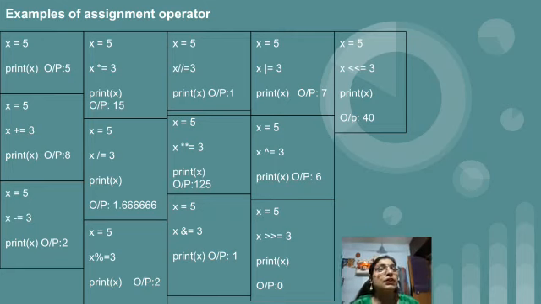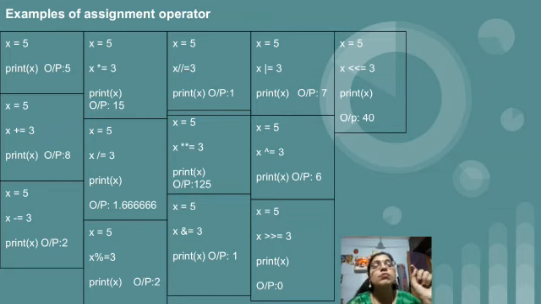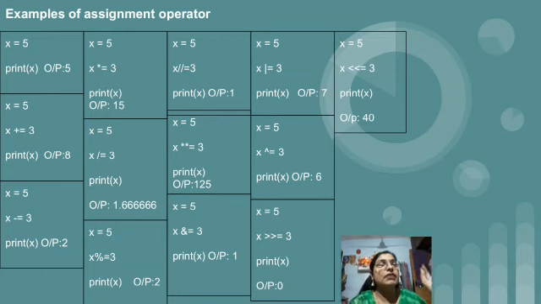Then we have seen the bitwise operators: the ampersand symbol, then the vertical line, for XOR the caret symbol, for NOT the tilde symbol, and then left shift and right shift. These are the bitwise operators.